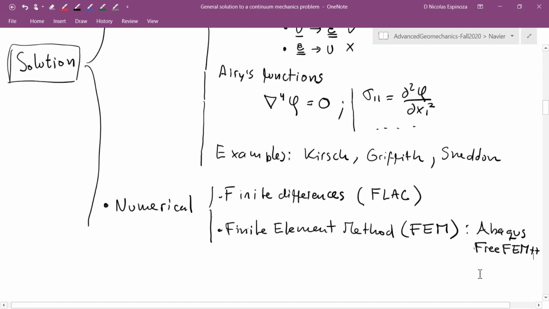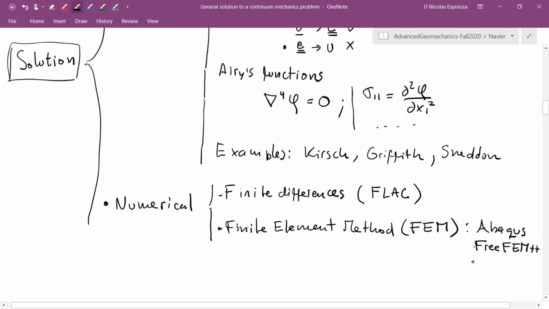And if you are interested in these solutions, there are some other options like FEniCS, or also like COMSOL.